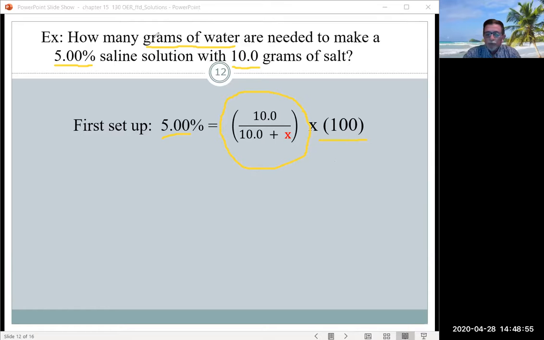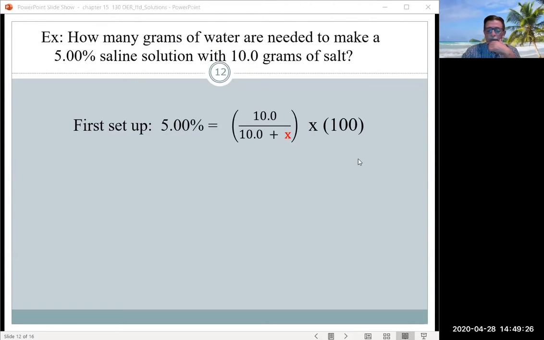What we don't know is the grams of water, and therefore we define that as X. Okay, so we're going to do a little bit of algebra here, not too complicated. We got to figure out how much water we're going to need to make a 5% solution if we have 10 grams of salt. Okay, so being an algebraic equation, there's multiple ways to solve this. This is just one way.